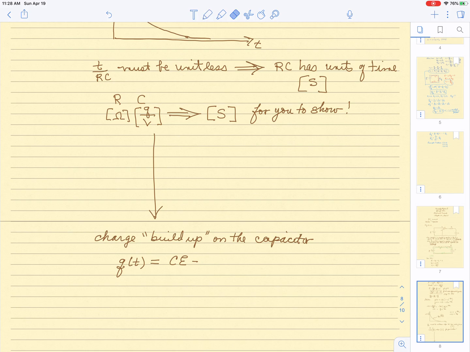We'll write it back this way. It's going to be CE times 1 minus e to the negative t over RC.